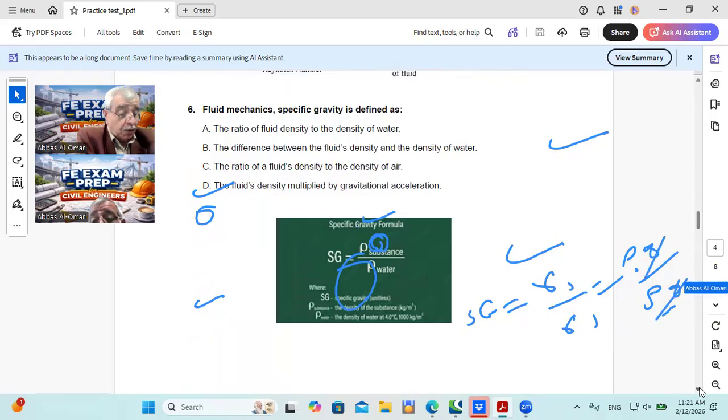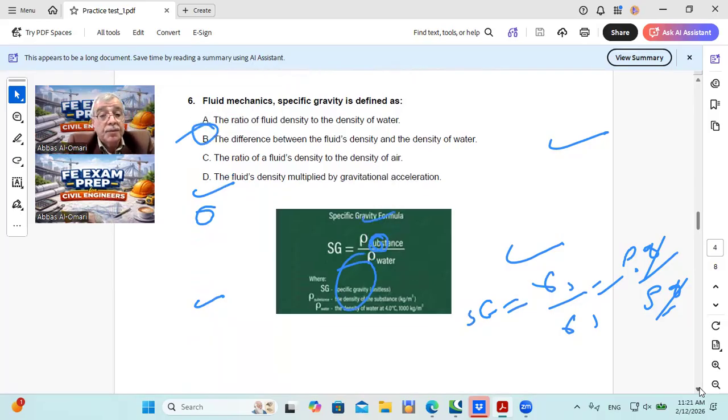If we take the g from the numerator and the denominator, specific gravity is rho of the substance divided by rho of the water. So the answer is A, the ratio of fluid density to the density of water. So the answer is A.